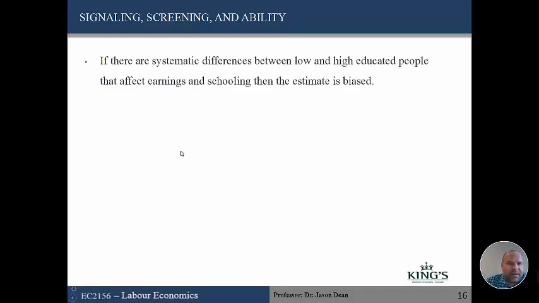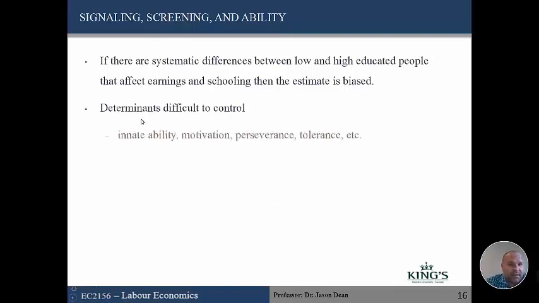Okay, so if there's systematic differences between low and high educated people that affect earnings and schooling, then the estimate is biased. So it's very difficult to get an accurate estimate because you want to control for things like ability and motivation, perseverance, tolerance, things that could be very important other than education and experience in determining your wage.